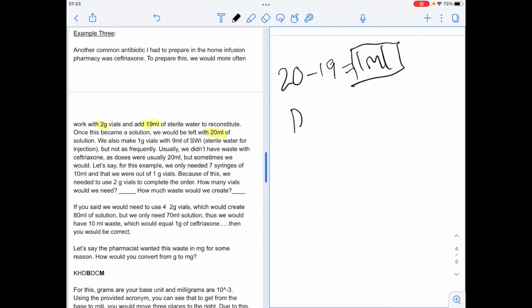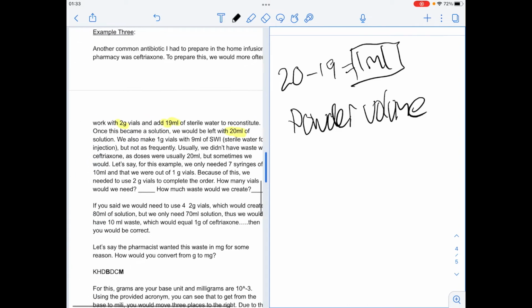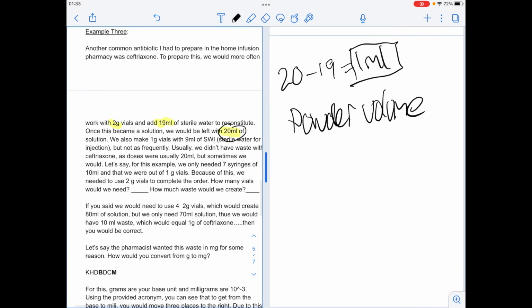So powder volume, once again, is the total amount that you're left with of solution, so 20, subtracted from the amount of diluent that you add in. And that's the volume that this is.